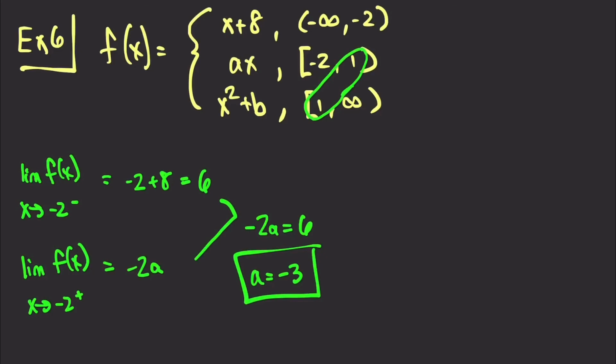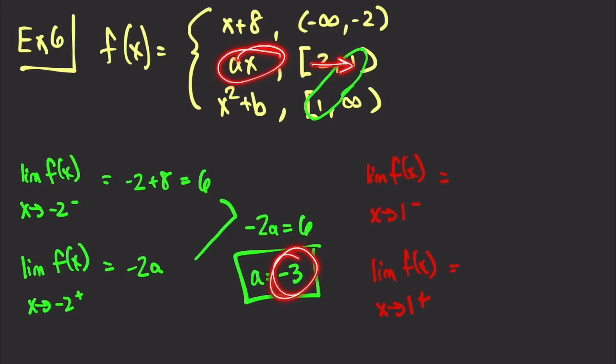So limit of f of x as x approaches 1 from the left, and the limit of f of x as x approaches 1 from the right. So from the left, I'm going from negative 2 to 1. I'm plugging into this, but remember, a is negative 3. So it's going to be negative 3x. Negative 3 times 1 is negative 3.